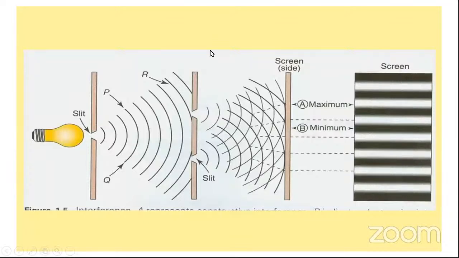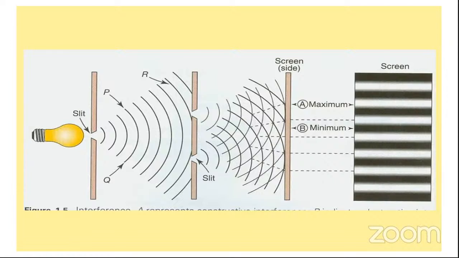Then, Young's experiment. In this figure, Young set up an experiment to demonstrate the wave nature of light. A monochromatic beam of light is incident on a single slit, which acts as a source of wave fronts onto two slits.